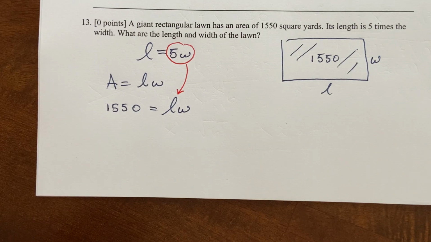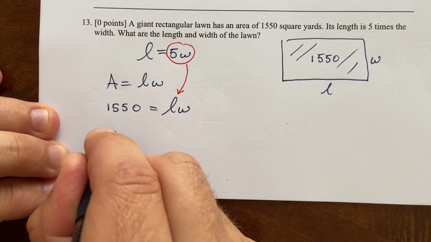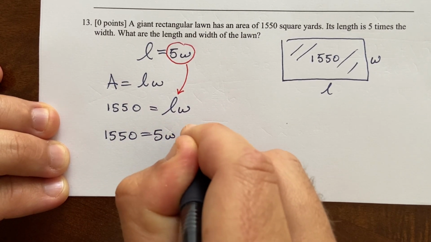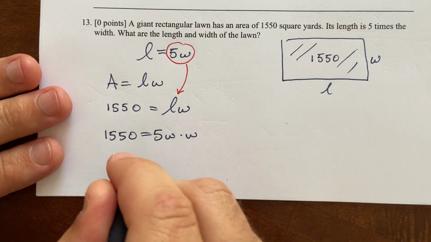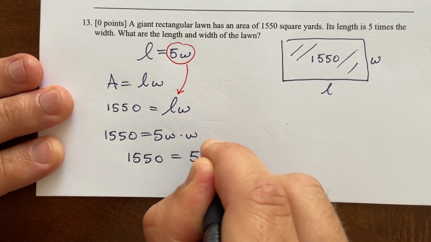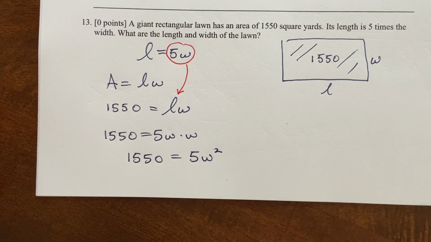And then I'll have this quadratic in the variable W. So 1550 equals 5W times W. In other words, 1550 equals 5W squared. Isolate the thing that's being squared.